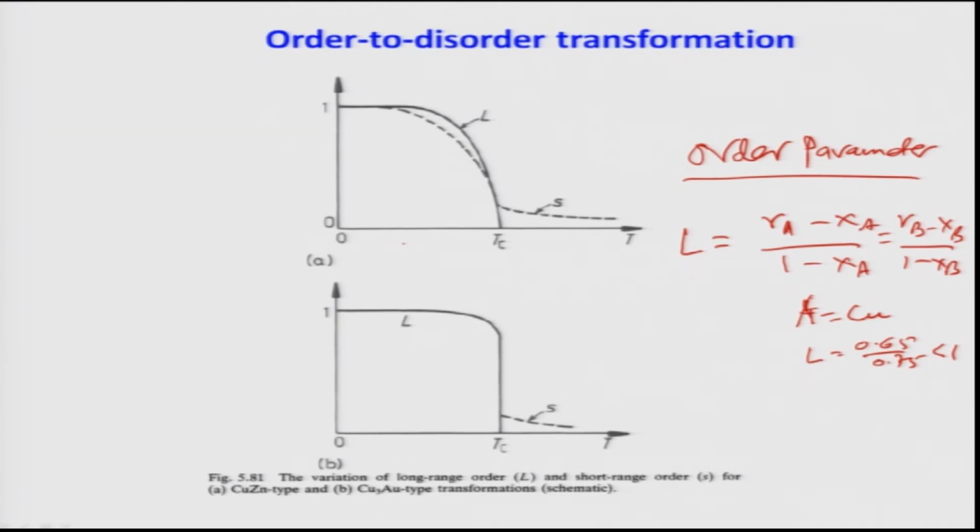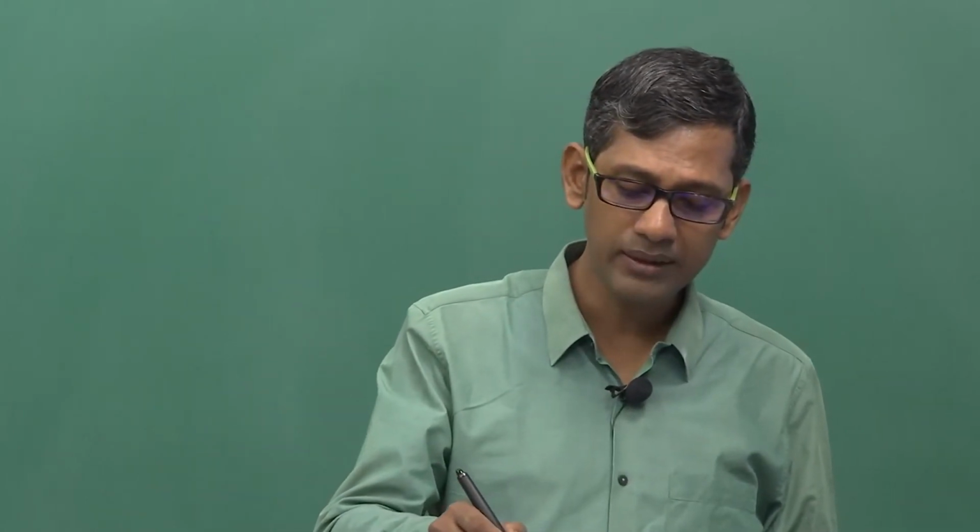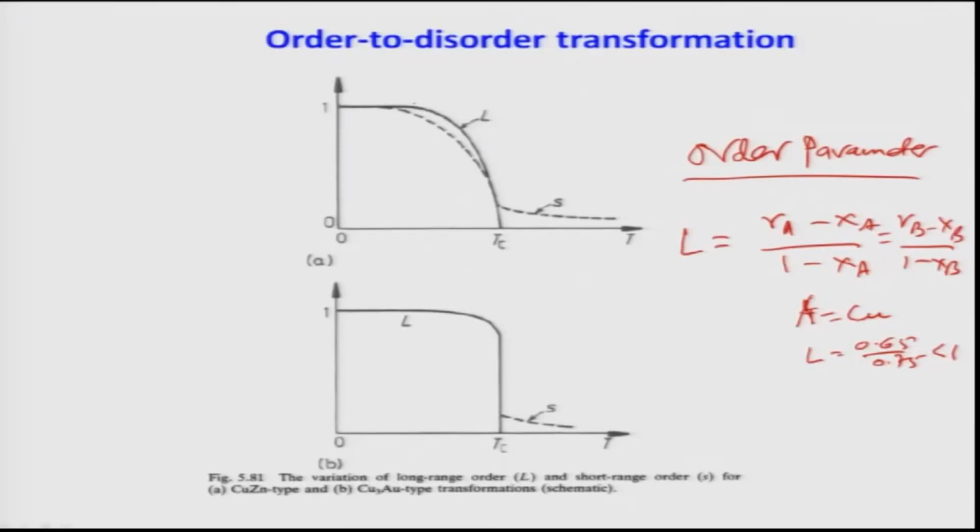Remember, at absolute 0 it will be 1, because at absolute 0 there will be no defects, all the atoms will occupy the fixed positions, and then it slowly maintains that value to a certain temperature, after which the disordering phenomenon starts happening. The more atoms go and occupy sites other than the specified ones, the L will slowly decrease, and then at Tc it becomes 0, correct.